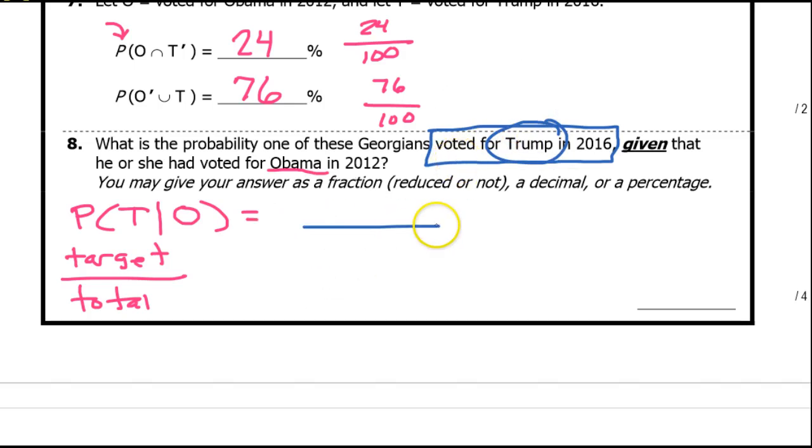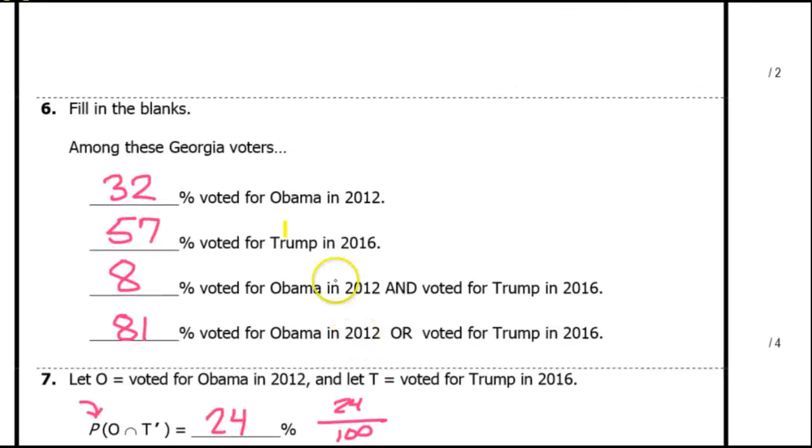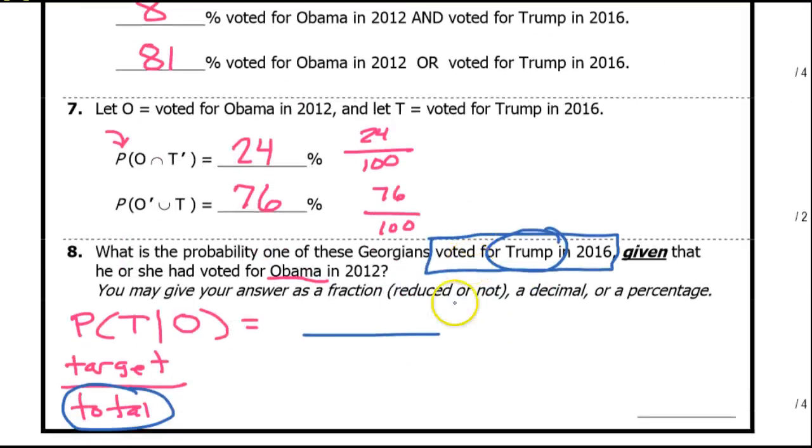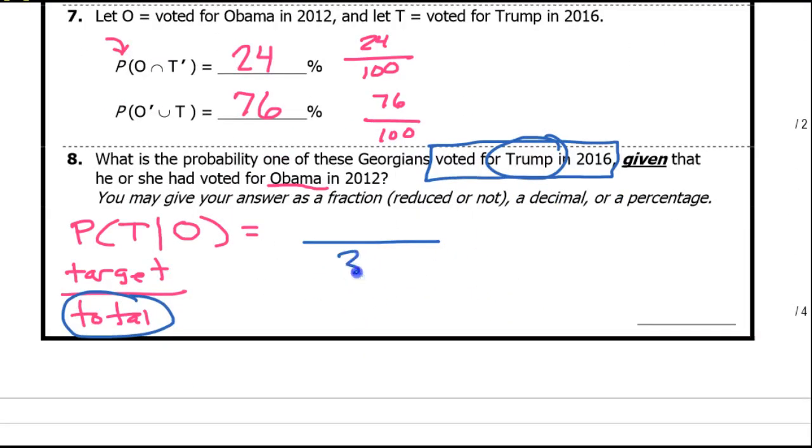So, target over total. Let's start with the new total, which is going to go right here. Now that we've crossed out some numbers, the new total is going to be the sum of these two. So that's going to be 32. Now the target, this is the target.